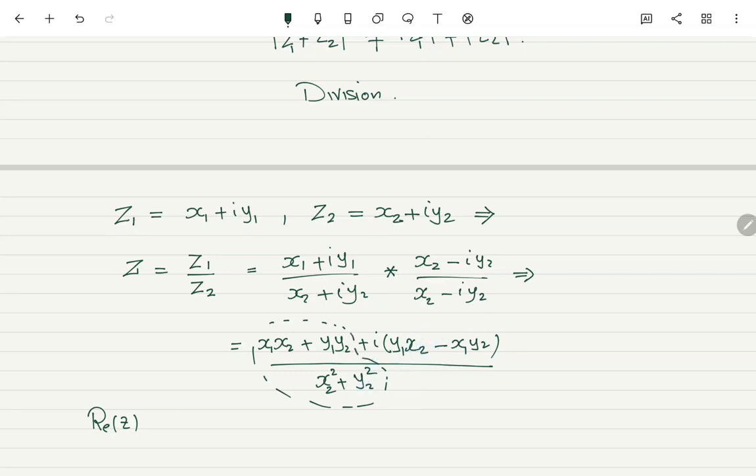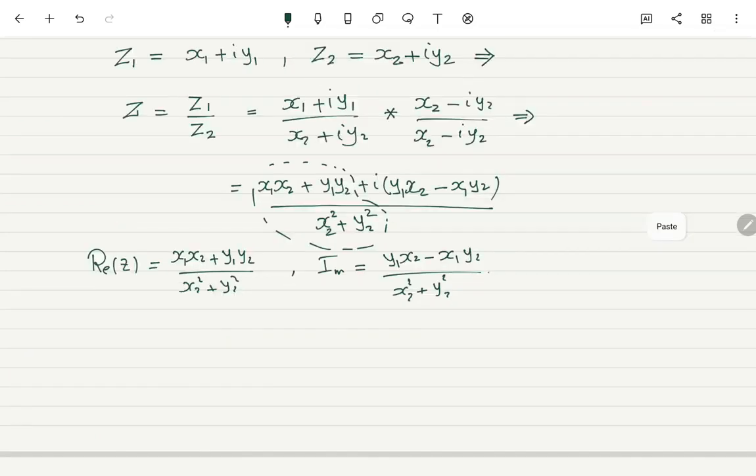So the real part equals (x1 x2 plus y1 y2) divided by (x2 squared plus y2 squared), and the imaginary part equals (y1 x2 minus x1 y2) divided by (x2 squared plus y2 squared). We follow this procedure when the result of the division has to be in rectangular form.